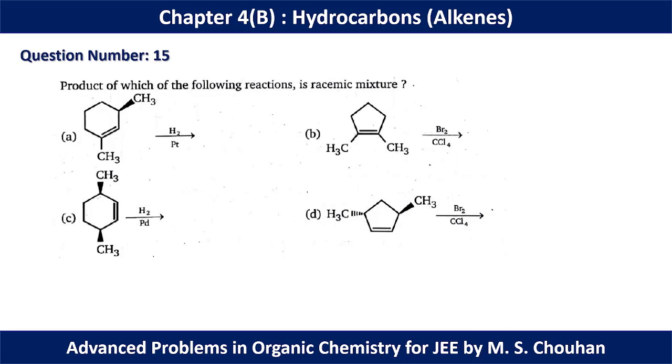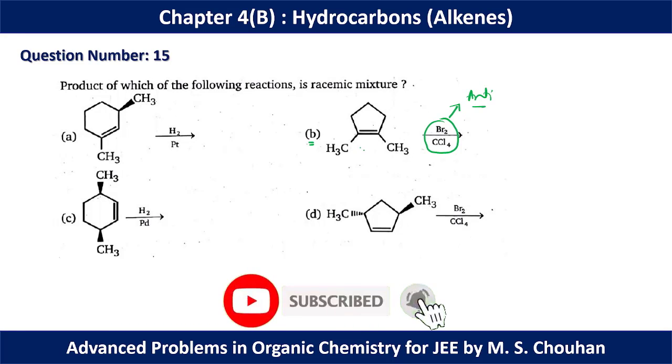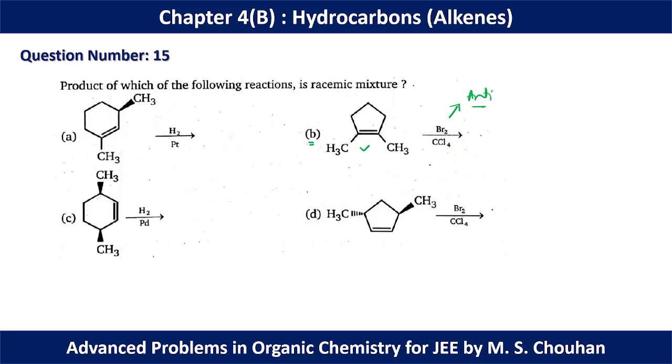In question number 15, the product of which of the following reactions is a racemic mixture? So we can directly start with option B. Why? Because Br2 in CCl4 is an anti-addition and this is a cis kind of molecule. As we know, anti-addition to a cis molecule will give an optically active isomer, and obviously optically active implies that we have two enantiomers.